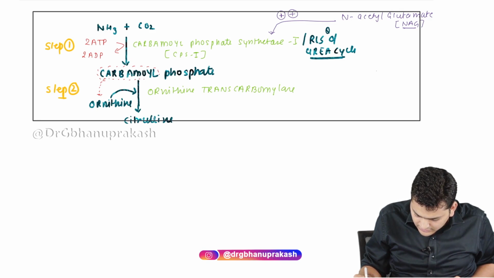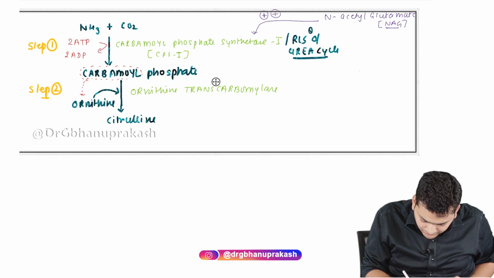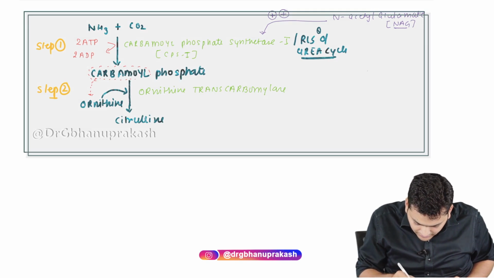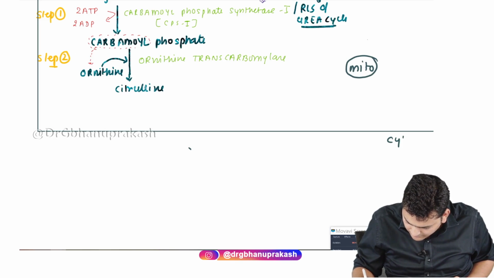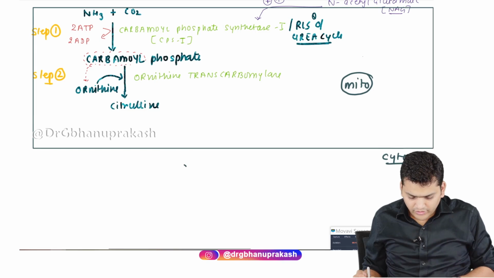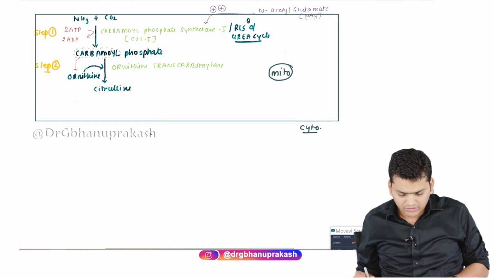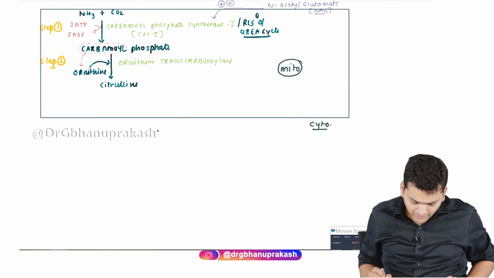So this is the demarcation for the mitochondria. Inside this is the mitochondria and here is the cytoplasm. The first 2 reactions of the urea cycle occur in the mitochondria.